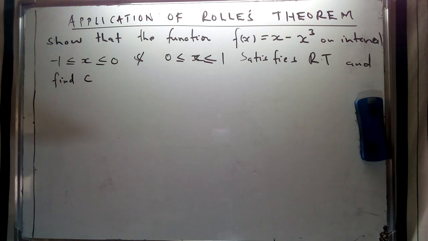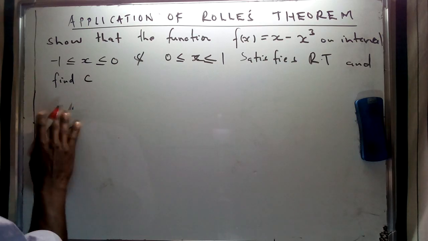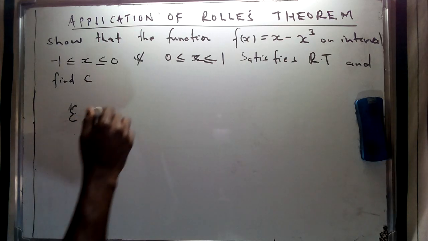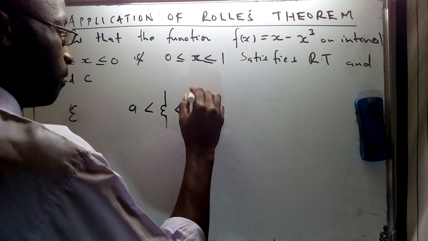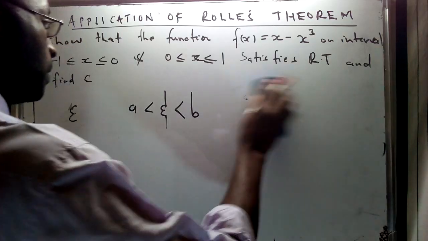So Rolle's theorem states that if a function is continuous on the interval a and b and has a derivative f prime of x, as I have explained, at every interior point of the interval, and furthermore that f of a, f of b, and f of c, as shown, are equivalent to 0, then x will have at least one value that is going to be given as epsilon, which is going to be equivalent to a value in between the range of values of a and b, which of course are the points given for c, d, and e respectively.